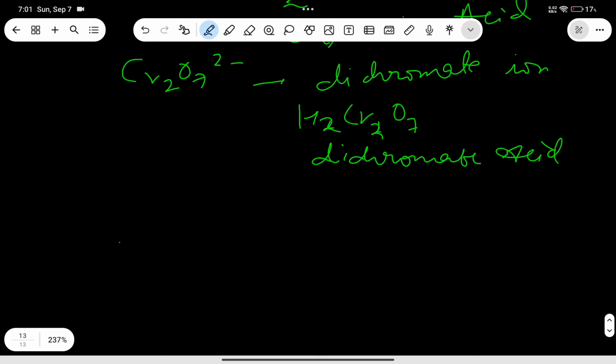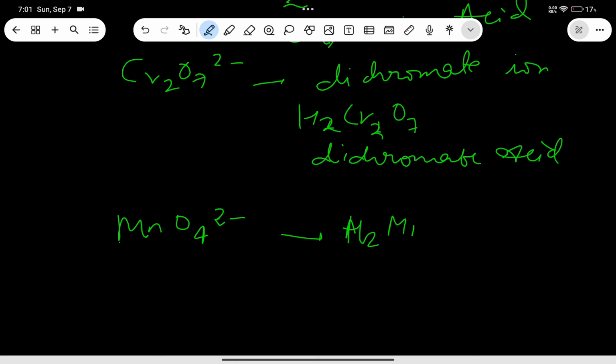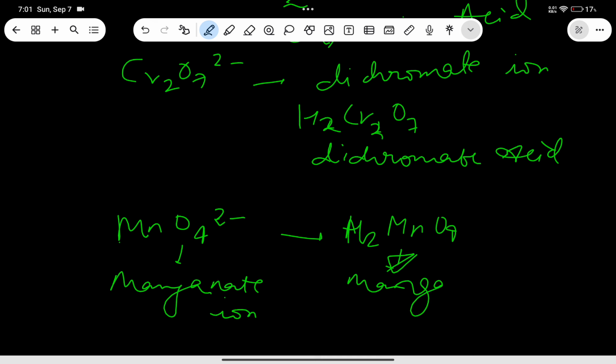Then one more, we have MnO4 2 minus, derived from H2MnO4. This is the acid, and that acid is manganic acid. This is the manganate ion.